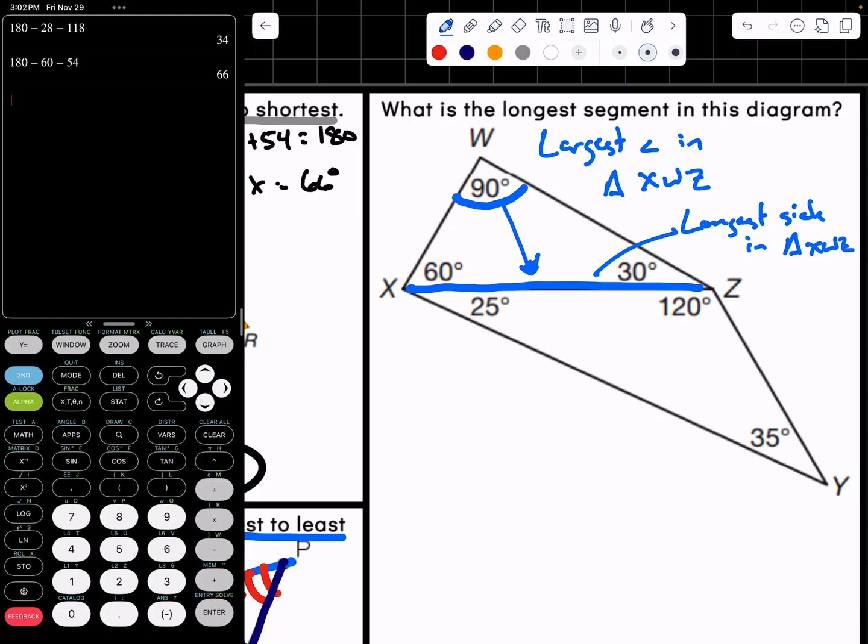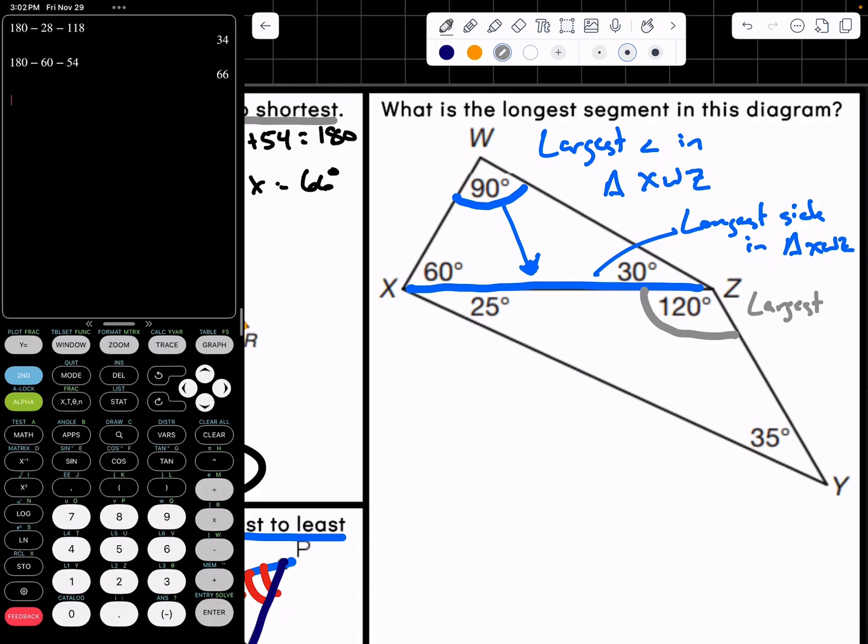However, now this has to be the longest side in the other triangle as well. And if we take a look, I can tell 120 is my largest angle over here.